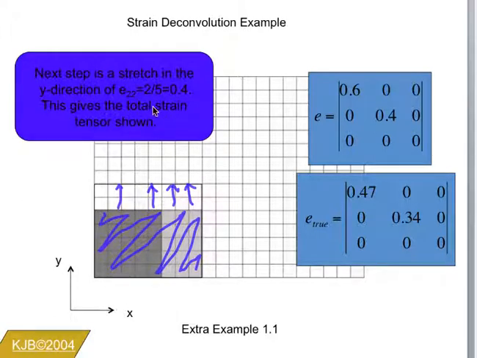So it's 2/5, equal to approximately 0.4, and we could describe the total strain tensor as something like this. If we were to calculate these in terms of true strain, right, so we would actually solve for the true strain, we get 0.47, 0.34, and 0.